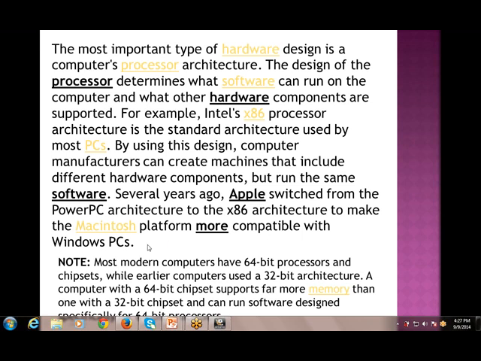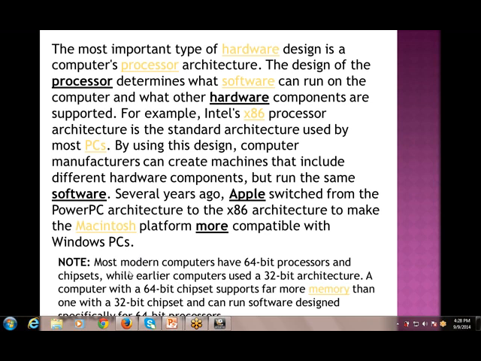So this paragraph says that processor architecture, the architecture of the CPU, includes software as well as hardware components. That means what software is required for building the processor, and what hardware components are required for making that software efficient and available for execution.